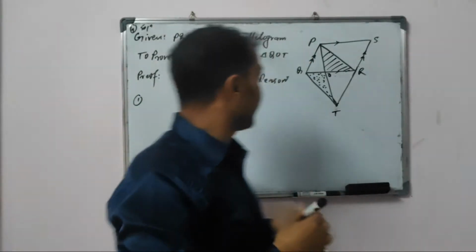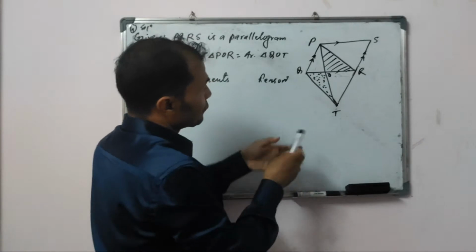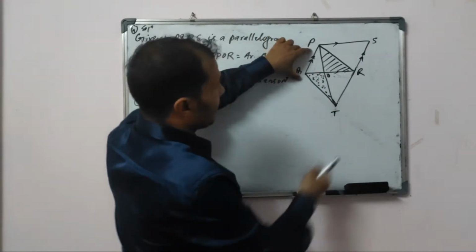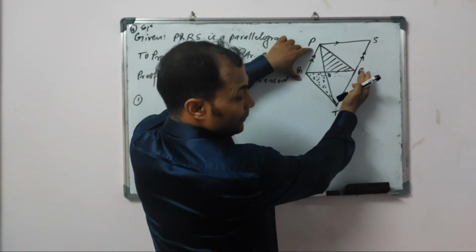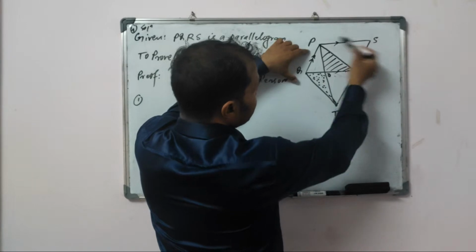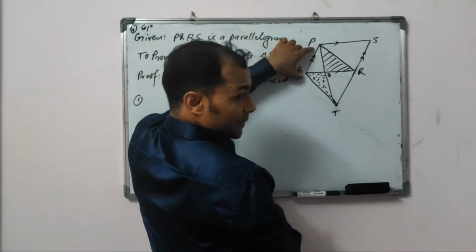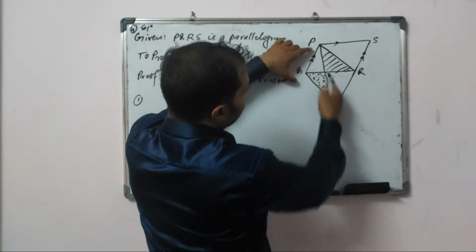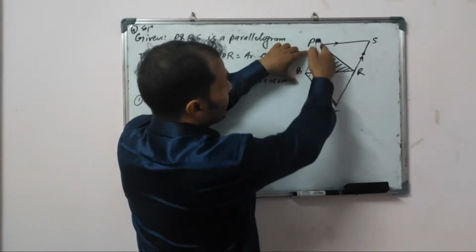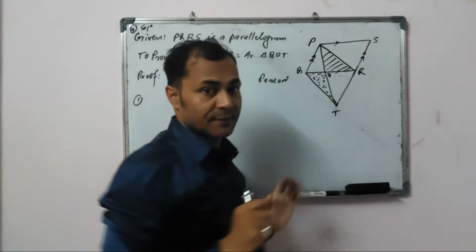The very first thing is, just before we solve one problem, look here carefully. This is the base and this is parallel line. These two are parallel line. Now, here is a parallelogram, PQRS, right, standing on this base. And on same base, here is a triangle, PQT. So do you think that area PQT, this one will be half of PQRS?